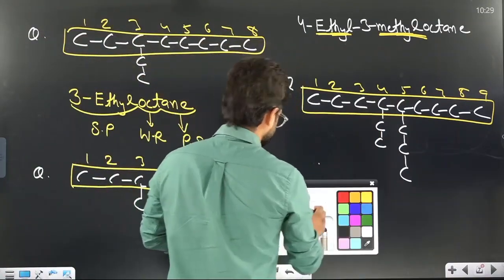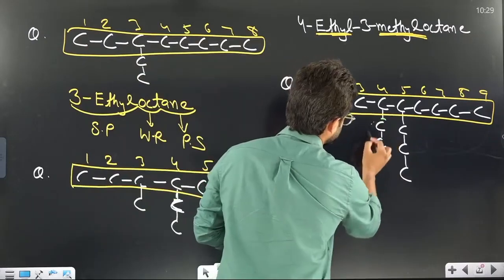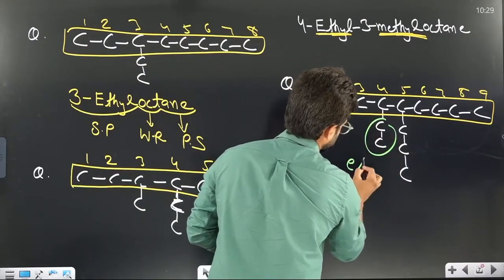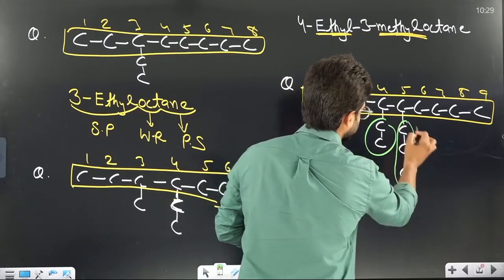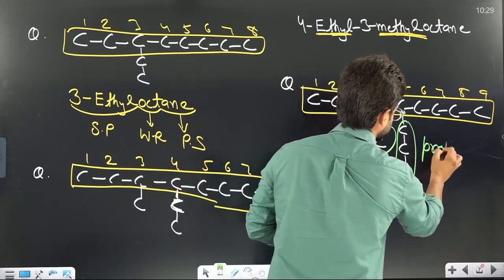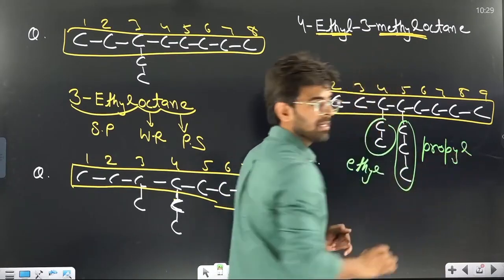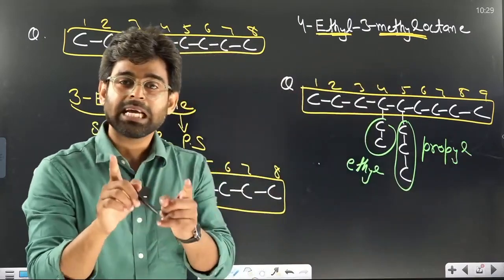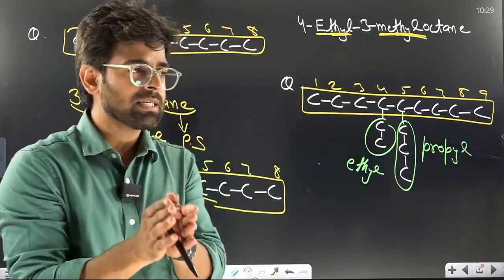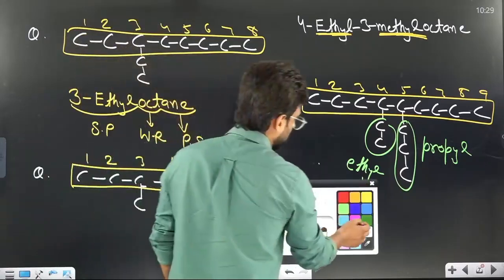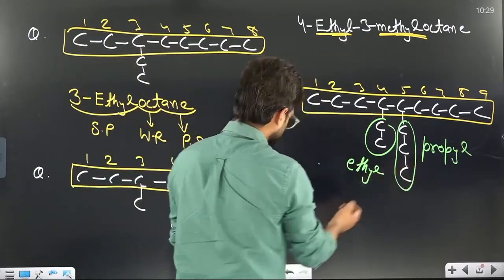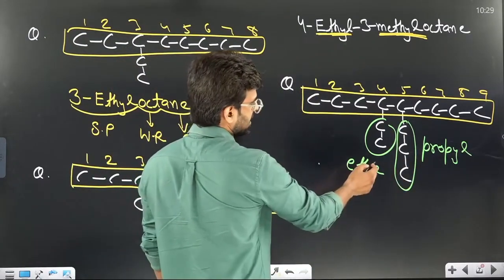I am telling you the name. 3 carbons means propyl. Now write the names in alphabetical order. If 2 substituents are coming, write the names in alphabetical order. Out of E and P, who comes first? Definitely E comes first.